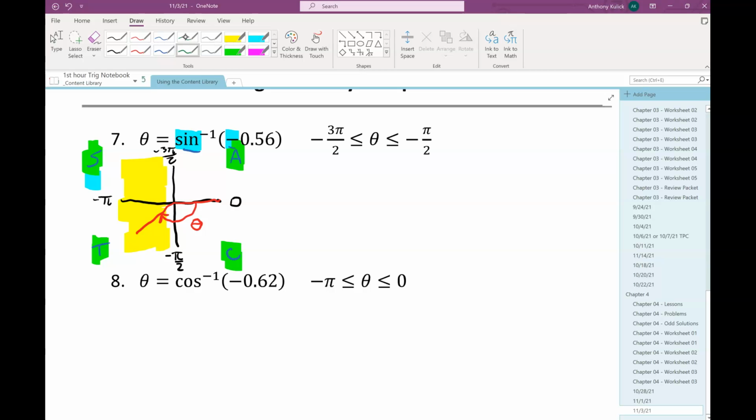Okay. So our alpha then is going to be that angle there, always the acute angle made between the terminal side of theta and the x-axis. And now to determine whether we're going to be adding or subtracting alpha, I'm going to use the rules here.